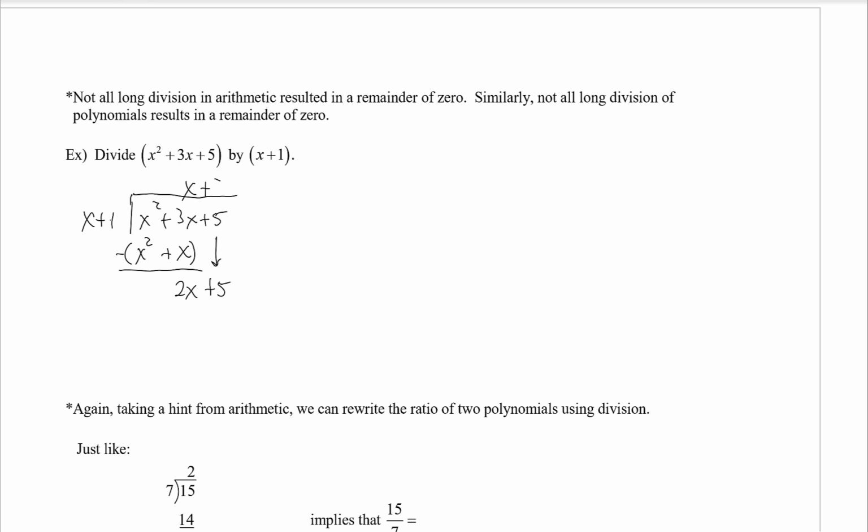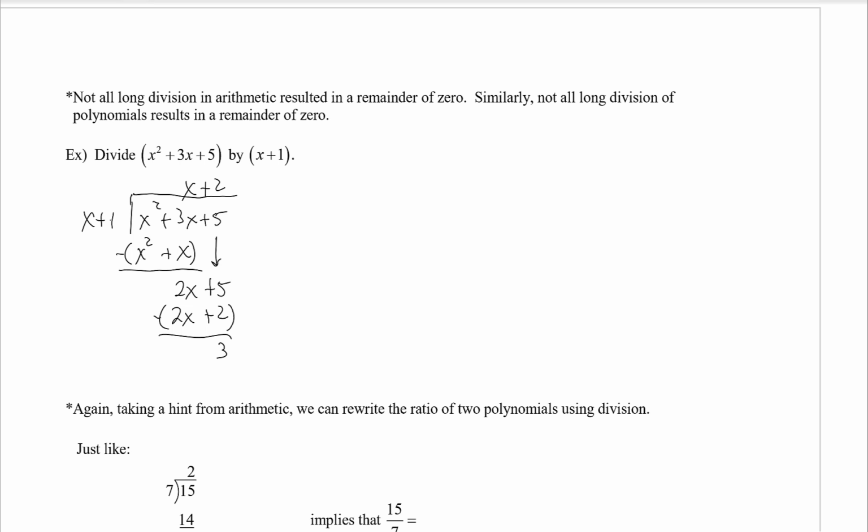X times 2 is 2x, and then 2 times 1 is 2, and then I subtract, I get a remainder of 3. Now I know that's the remainder because that's a degree 0 polynomial and the divisor is a degree 1. But I get a remainder of 3.